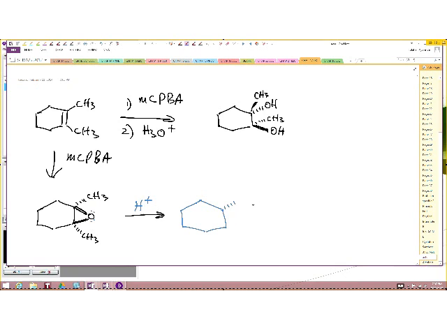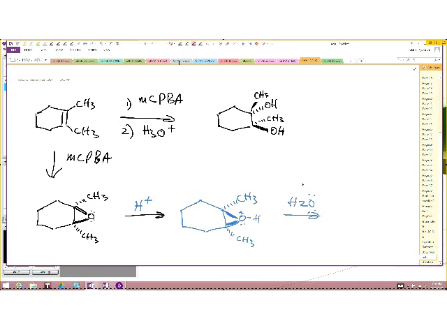So here, you protonate that oxygen, and once you do that, then water comes in, attacks this epoxide as a nucleophile. Water is your nucleophile.